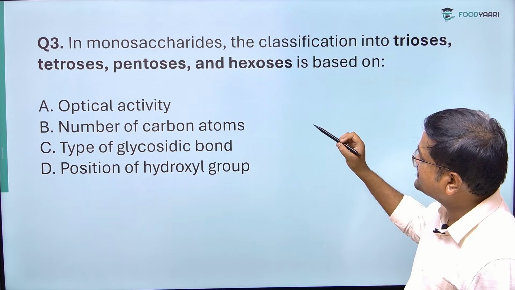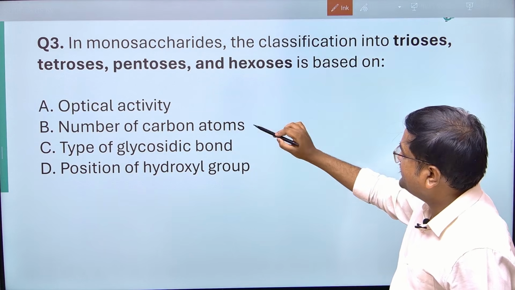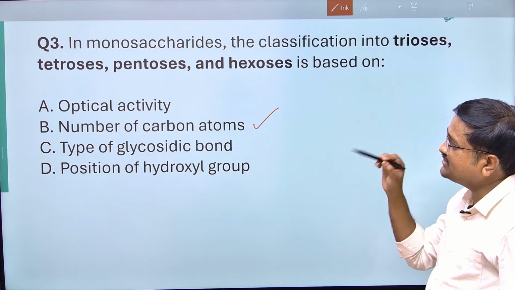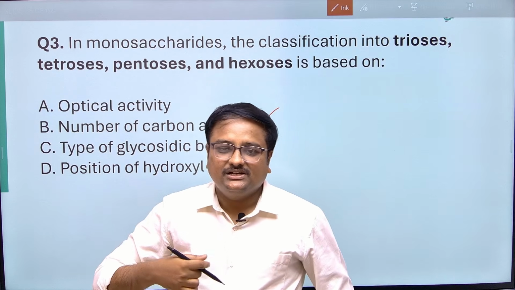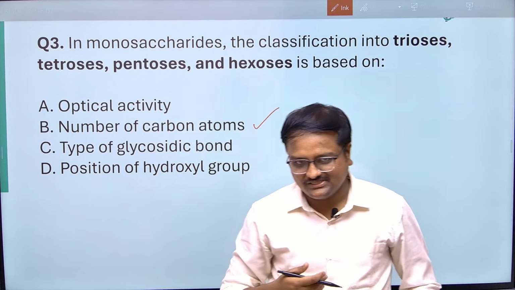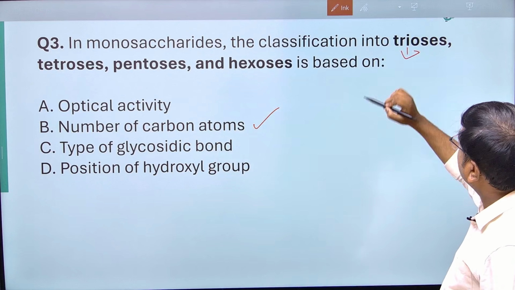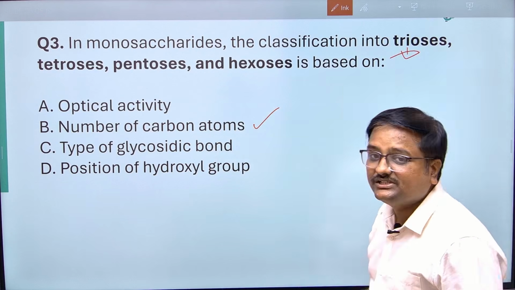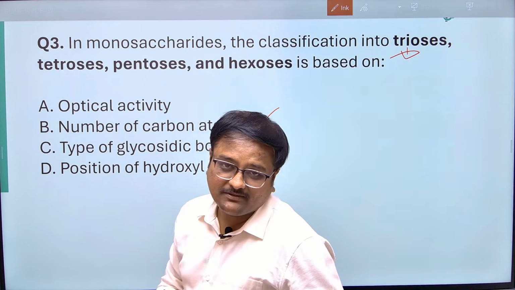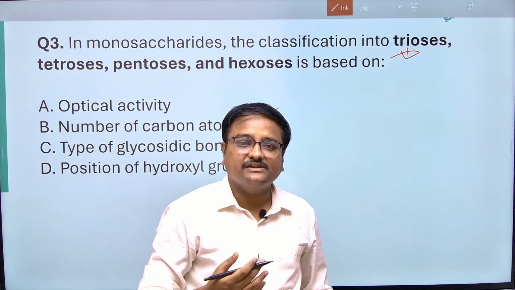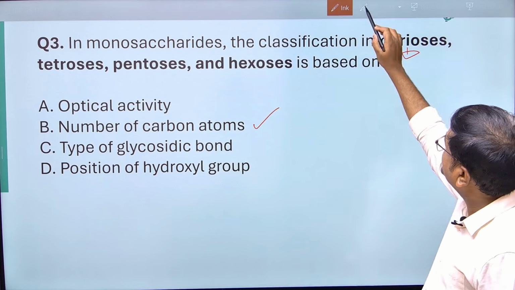So the right answer is the number of carbon atoms. Trioses include glyceraldehyde. Tetroses include erythrose and threose. Pentoses include ribose sugar. Hexoses include various monosaccharides like glucose, fructose and galactose. Next question.